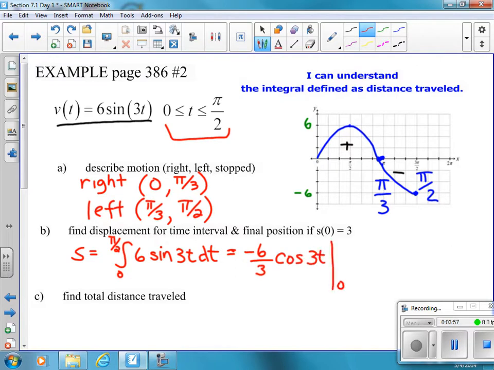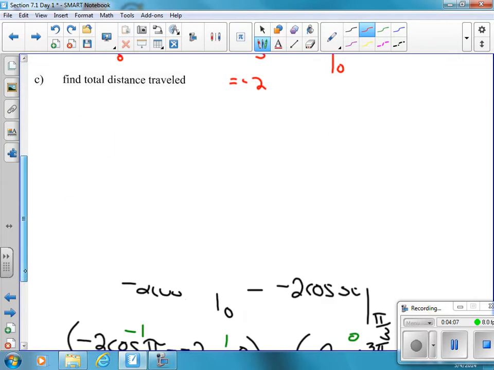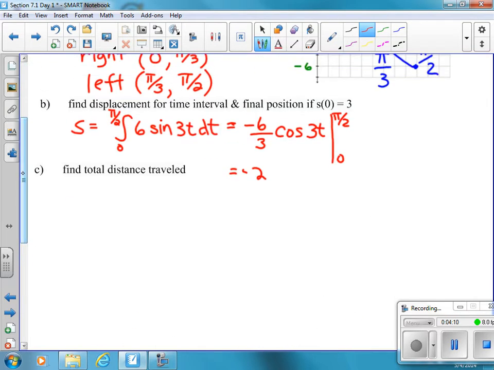We evaluate that from 0 to pi over 2, and we get -2 cosine 3t from 0 to pi over 2.